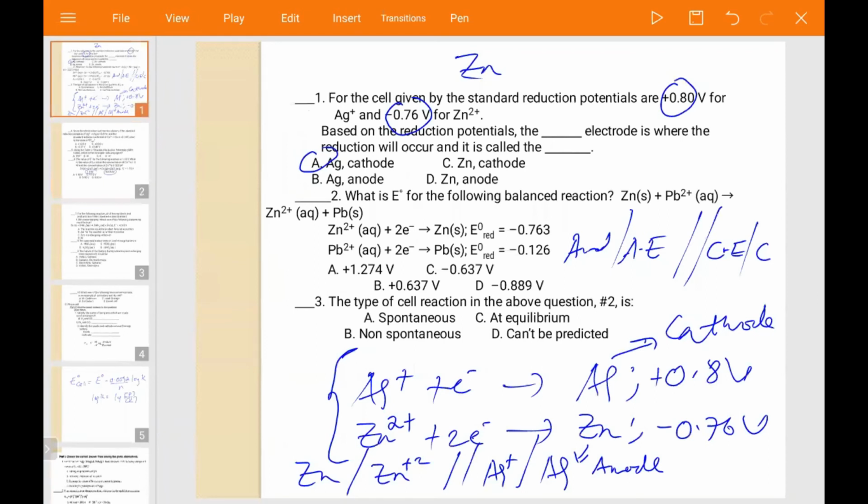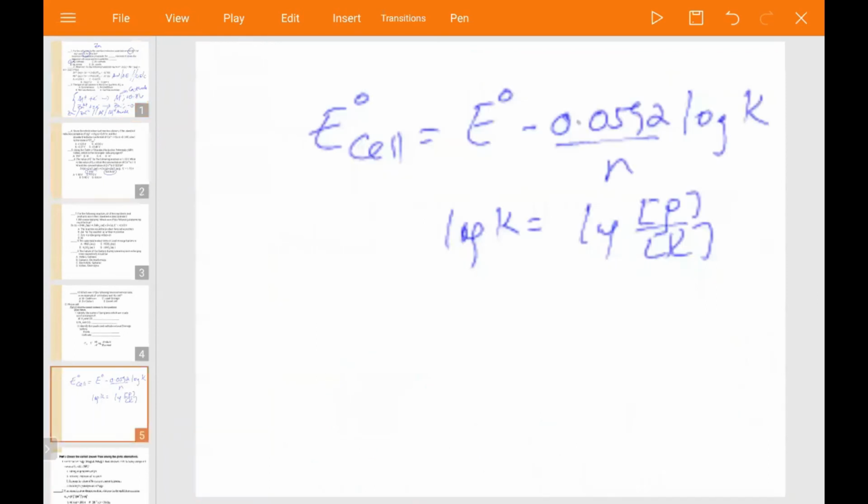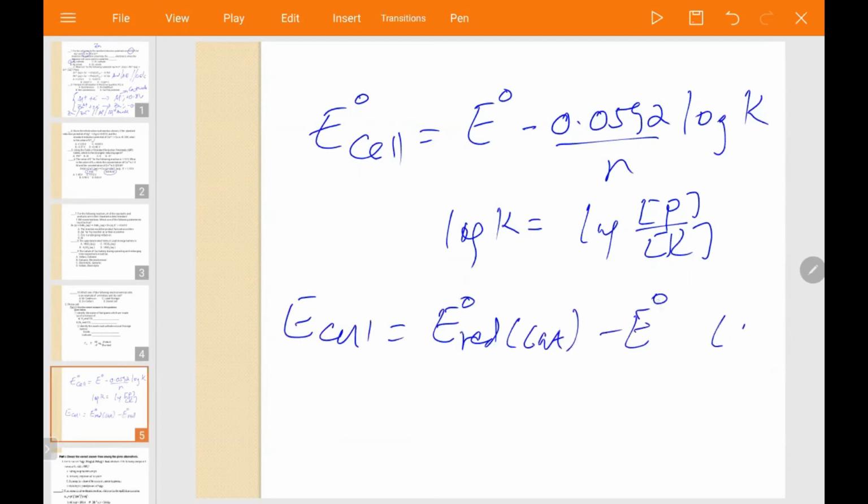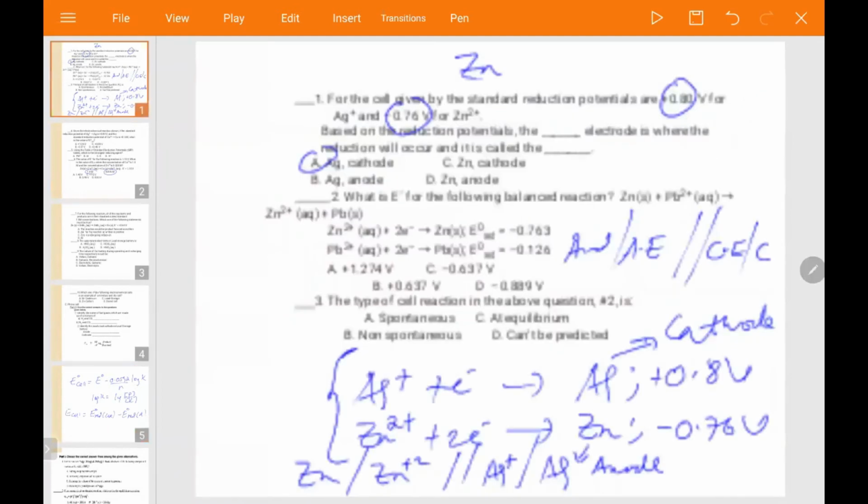In which way do we solve it? E of cell is equal to E naught of reduction at cathode minus E naught of reduction at anode. We use this because the concentration is not given. Clear?